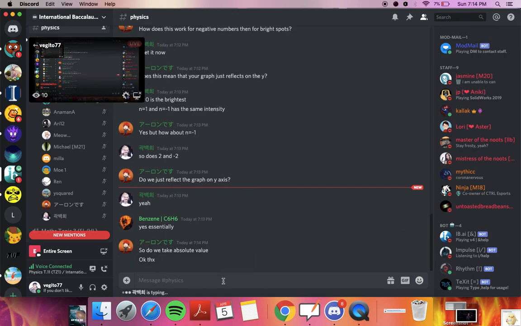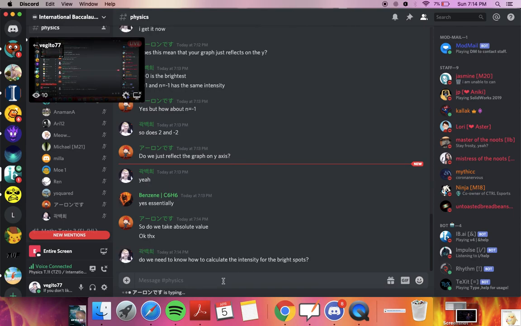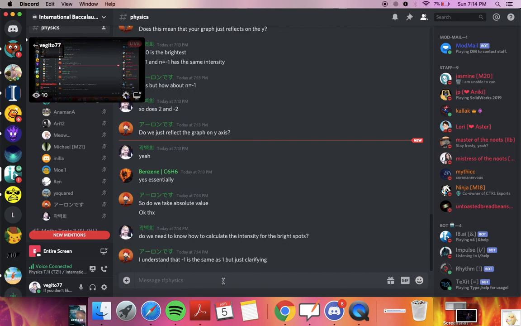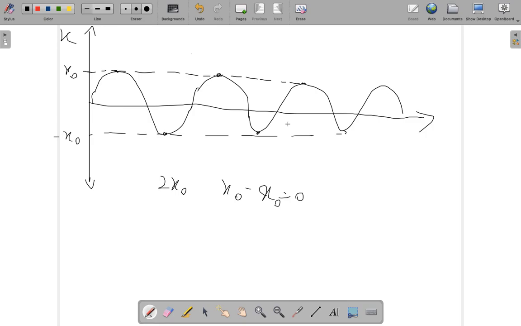So, is there any other question before I close down the session? Do we need to know how to calculate the intensity for the bright spot? Well, you don't really need to know exactly how to calculate the intensity for the bright spot, but you may have to use the relationship to do it, because by the principle of superposition, the bright spot will have an amplitude of 2x.